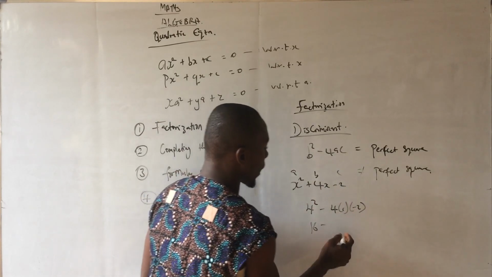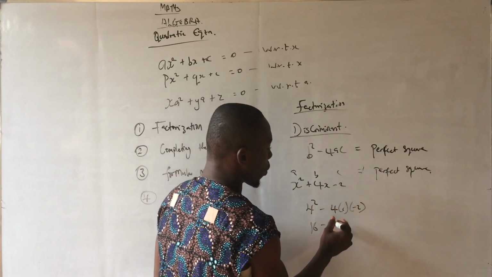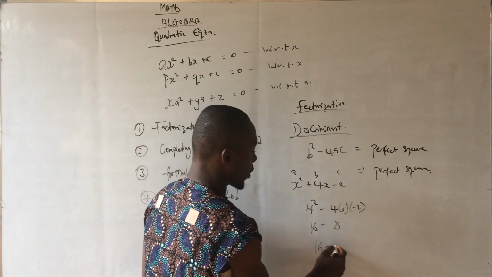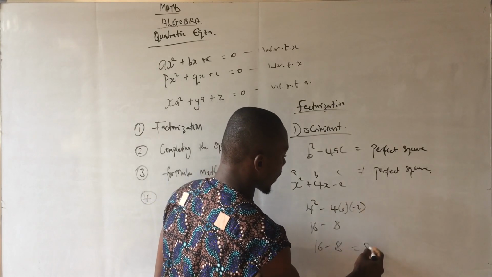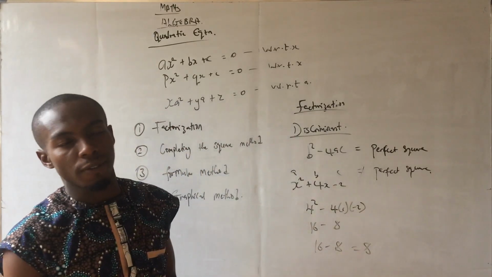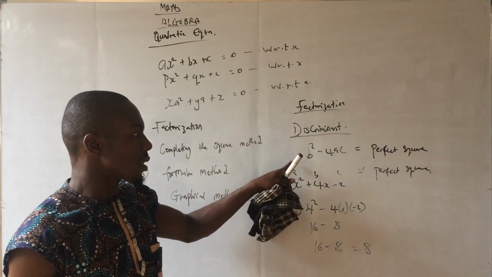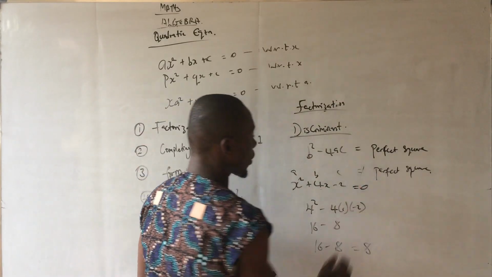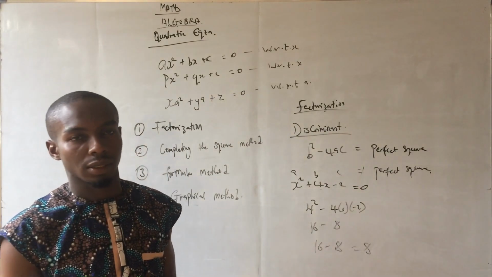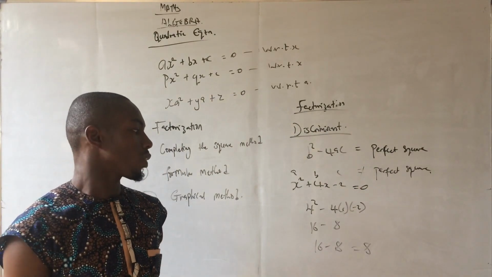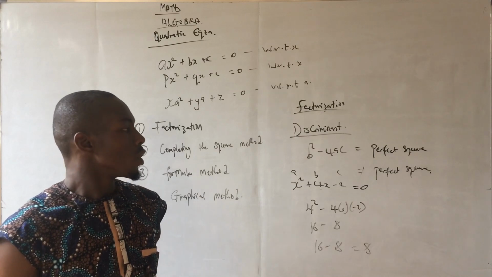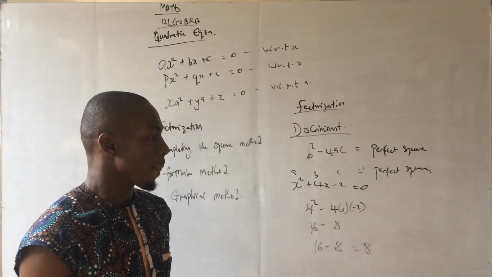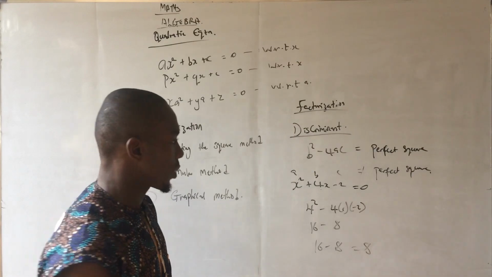So this is 16 minus, 4 times 2 is 8, so 16 minus 8 is 8. And 8 is not a perfect square. So this equation cannot be factorized. We cannot factorize it, and many other problems like it.